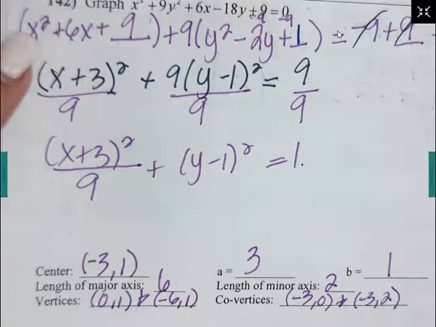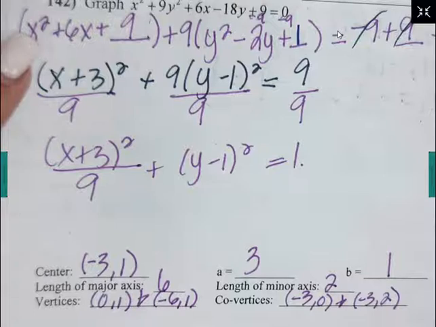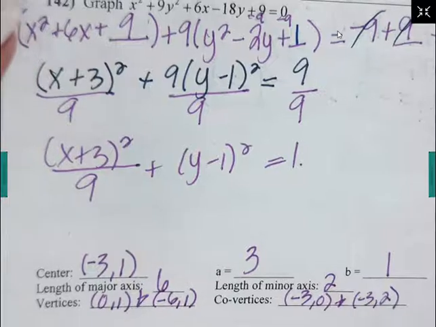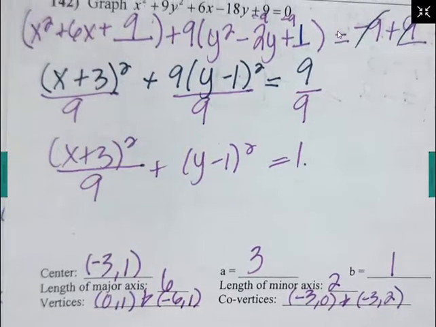That's a circle. Yeah, I know, but wouldn't the center be 1, 1? Because technically they're both over 1. What they're over, the A and the B, tell you how long you're stretching it this way or that way. The number that's being added or subtracted from x, that's the center.